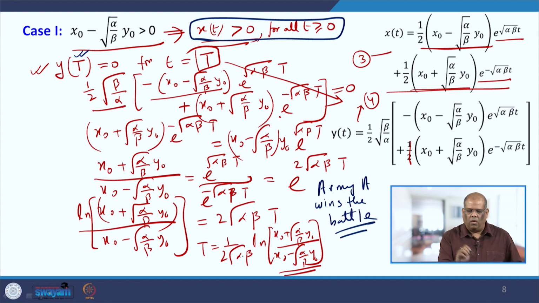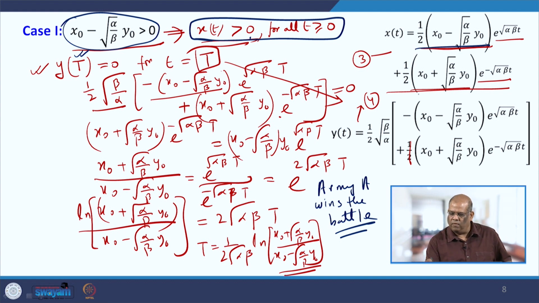Once again, you have shown that this xt is always positive because this particular expression is always positive, and if this particular expression is always positive, then this is surely positive, exponential values are always positive. So, xt is always positive.